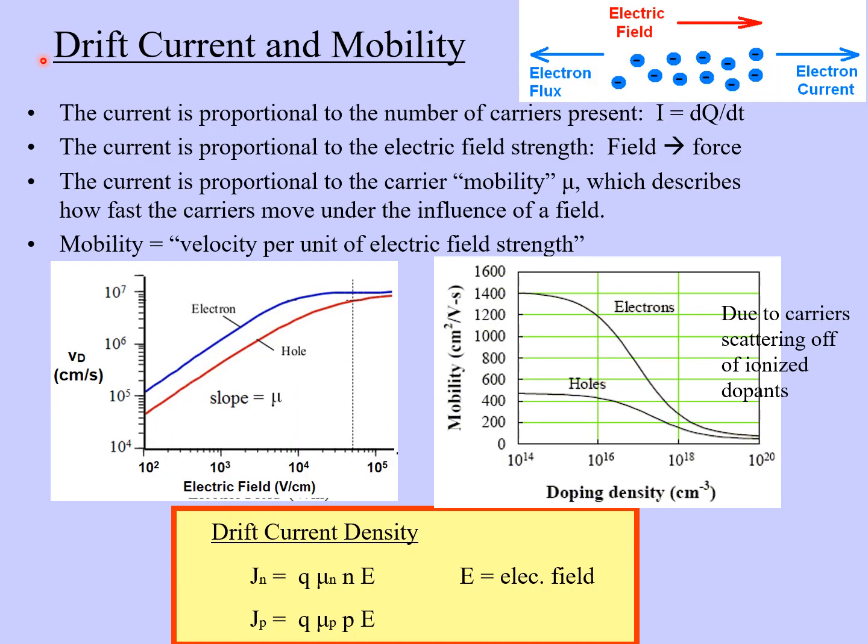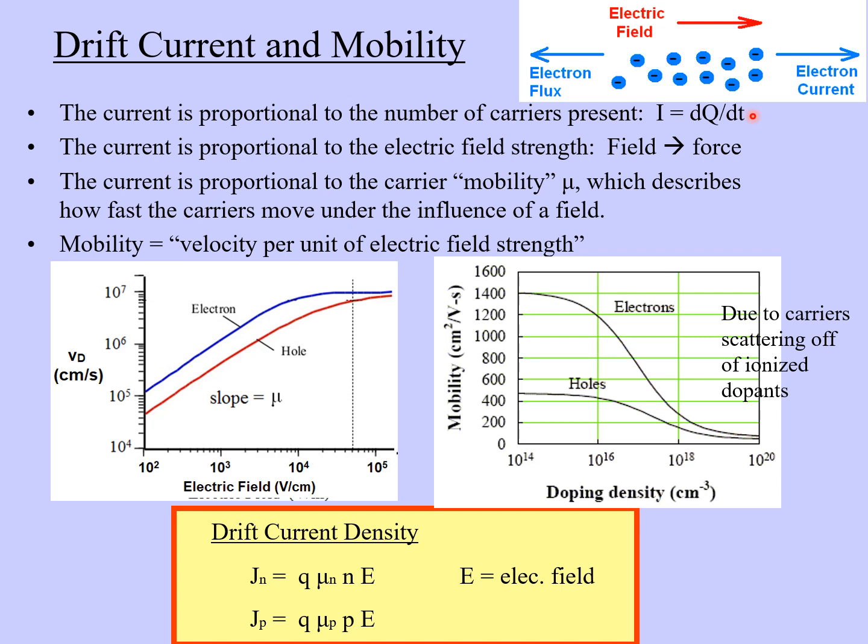So let's go a little further now with these concepts of drift current and mobility. We know that the electrical current is proportional to the number of carriers present. This is because, remember from basic physics, the current is defined as the amount of charge that flows per unit time. So sometimes it's shown as dQ/dt, the rate of change of charge flowing across some point.